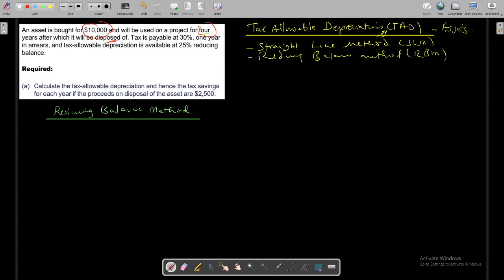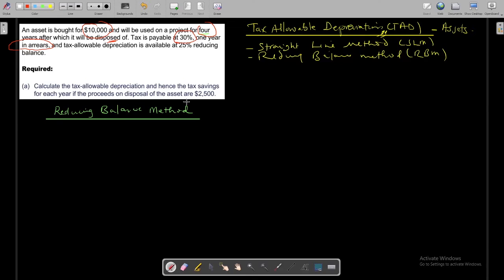Tax is payable at 30%. So tax here is saying that at the end of the project, whatever profit the company makes, they will pay tax of 30%, 1 year in arrears. This means that if the company computes its profit for this year, then they will have to pay their tax in the following year.